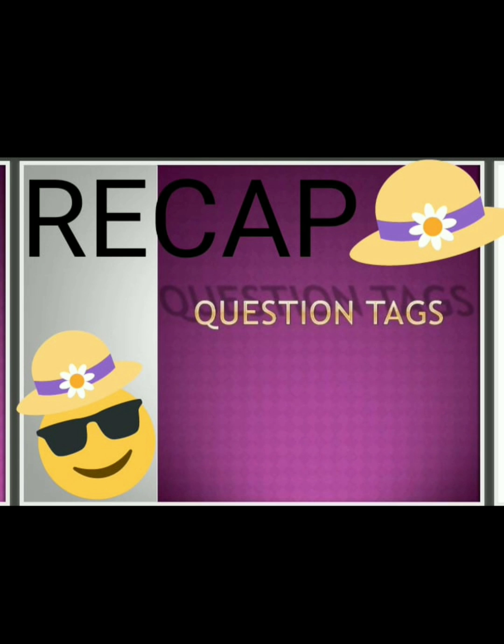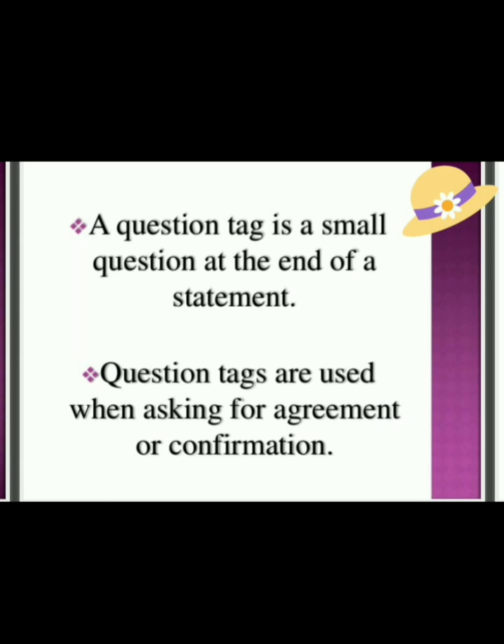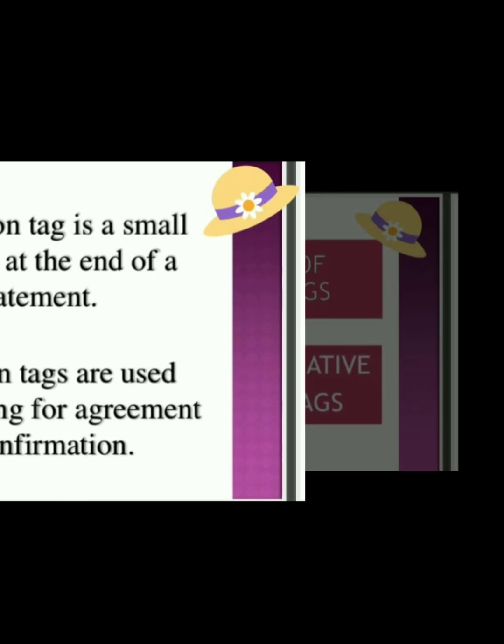Okay, now a recap. That means once again, this is for you to remember. A question tag is a small question at the end of a statement. Question tags are used when asking for agreement or confirmation.